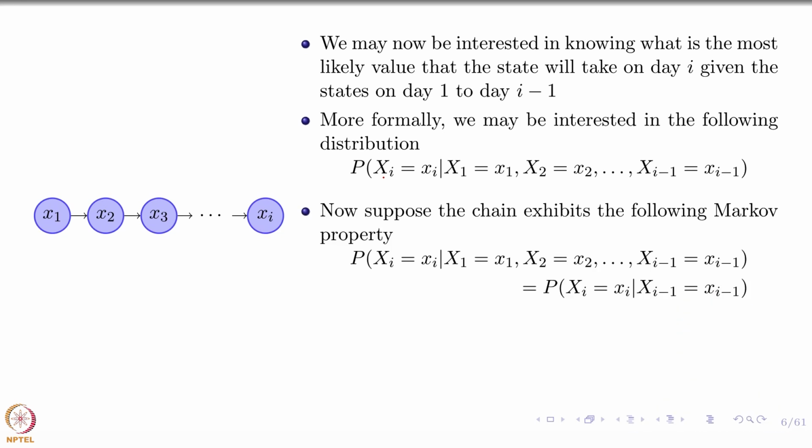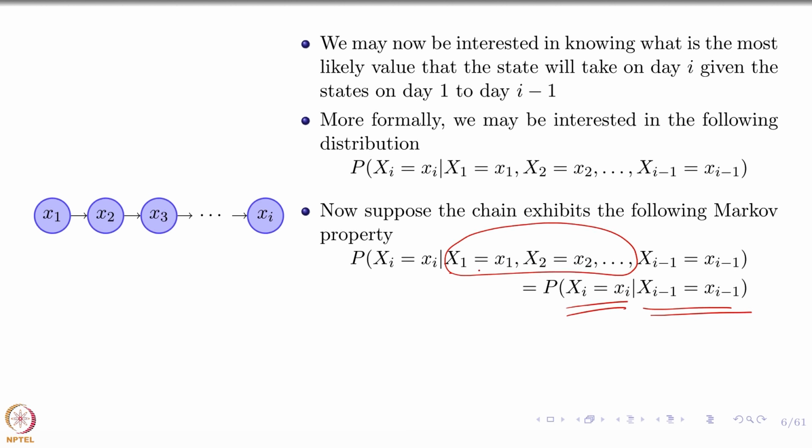Now, suppose the chain exhibits the following Markov property. I'm calling this a Markov property because I'm assuming that given the previous state, the current state is independent of all the other states. So I only care about what the situation was on day i minus 1.